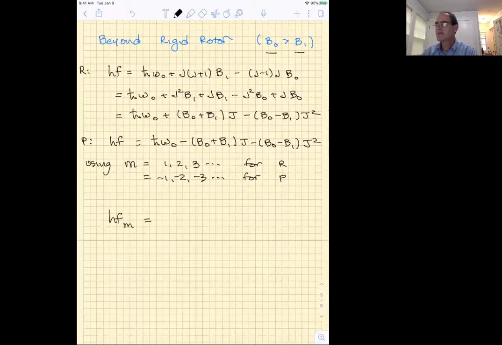We would get the transition energy equal to h bar omega 0 plus (B0 plus B1) times M minus (B0 minus B1) times M squared. And that's the most useful expression that we're going to have for the transition energies.